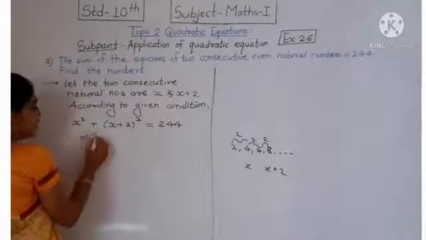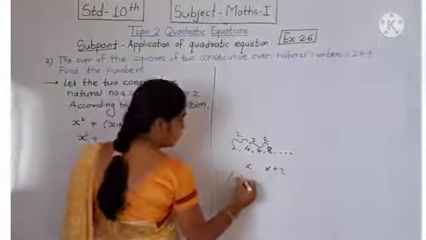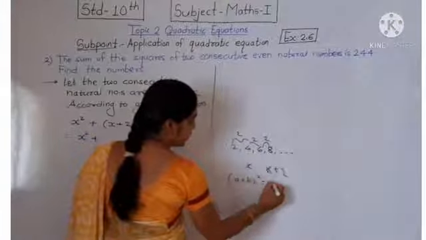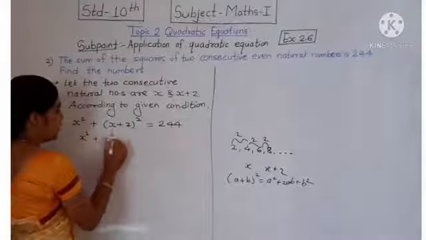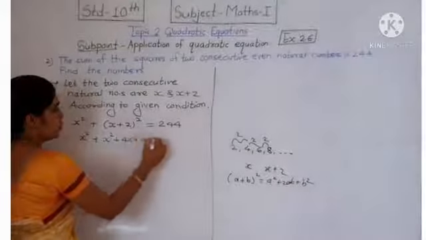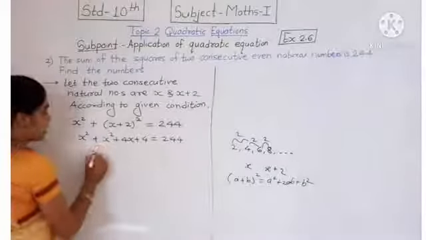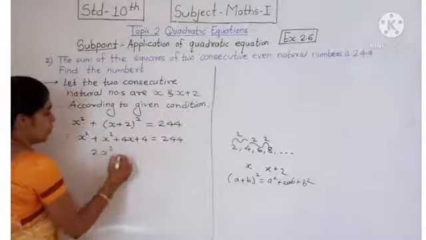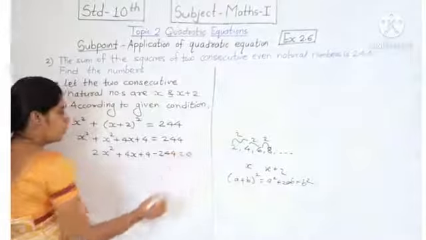Therefore x square plus (x plus 2) whole square. You know (a plus b) whole square is equal to a square plus 2ab plus b square. So here x square plus 2x into 2, 4x, plus 2 square, 4, is equal to 244. x square plus x square becomes 2x square plus 4x plus 4. Take 244 to the left side: minus 244 is equal to 0.